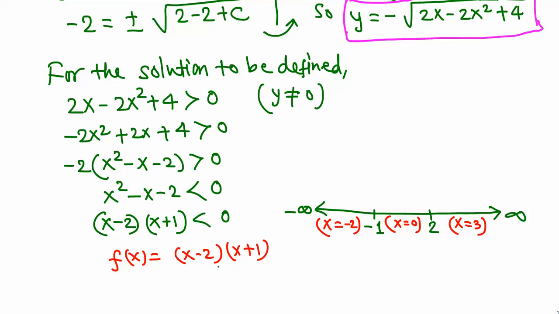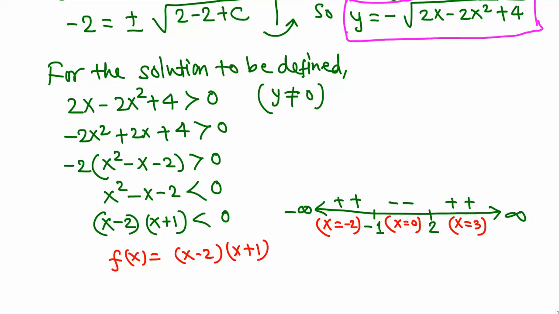When we plug in x equals 0, this is 0 minus 2, negative 2, 0 plus 1, 1, negative 2 times 1 is negative, so this value will be negative. Let's plug in 3: 3 minus 2 is 1, so this will be plus, plus. For negative 2: negative 2 minus 2 is negative 4, and negative 2 plus 1 is negative 1, negative times negative is positive. So this polynomial is less than 0 between negative 1 and 2.